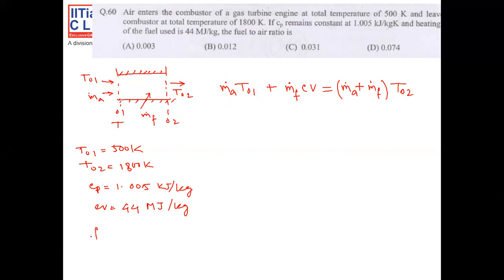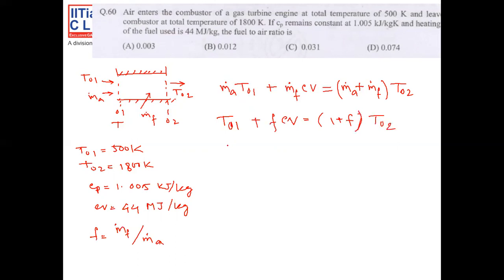And f is the ratio of fuel flow rate to the air mass flow rate. So if we take common m_a dot from both sides, it becomes T01 plus f CV equal to 1 plus f into T02.